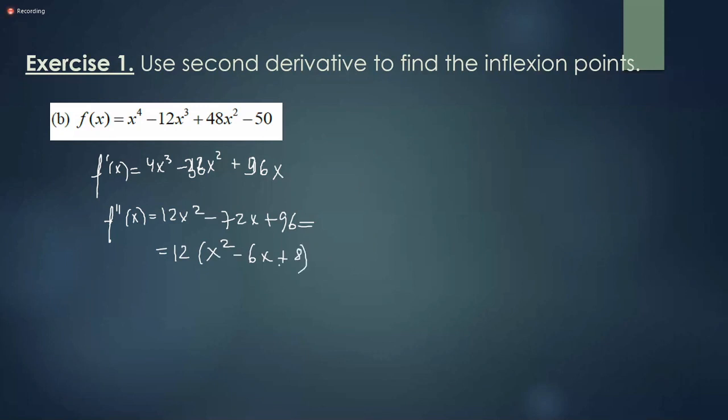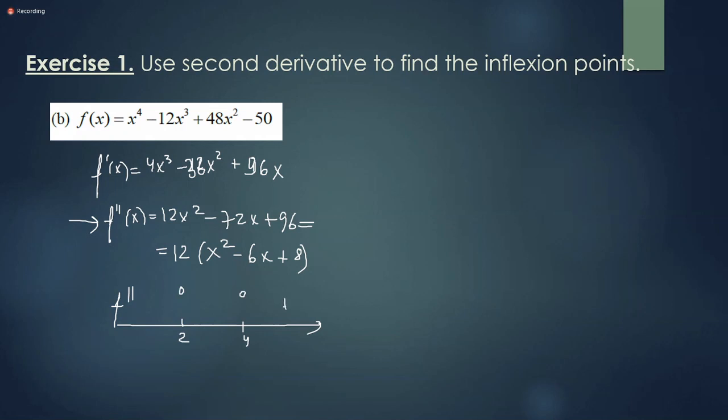So we see the two critical points of the second derivative. Again, we do the sign diagram and sketch the whole thing. The second derivative is 0 if x is 4 or 2. If x is greater than 4, for example 10, this second derivative is positive.